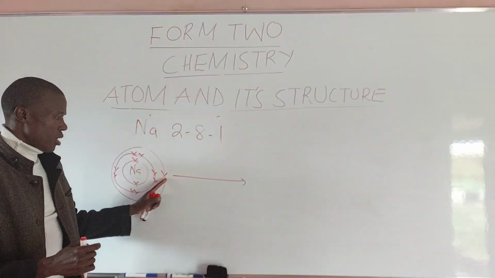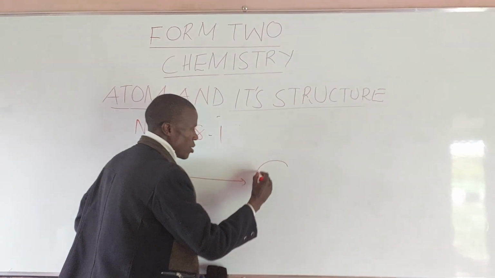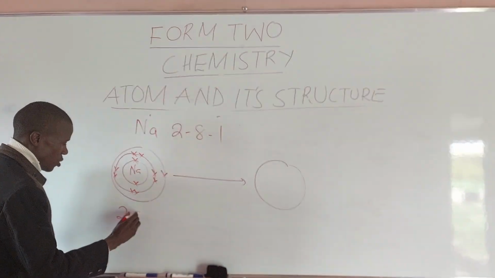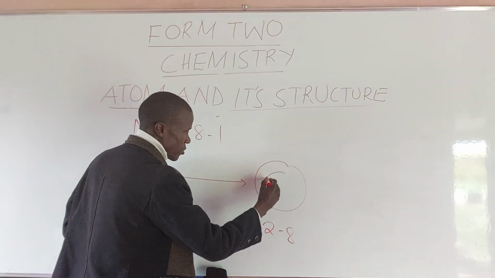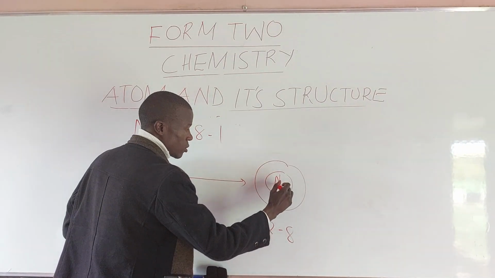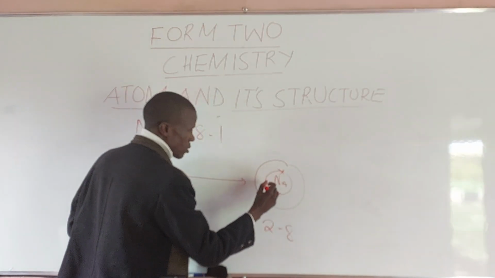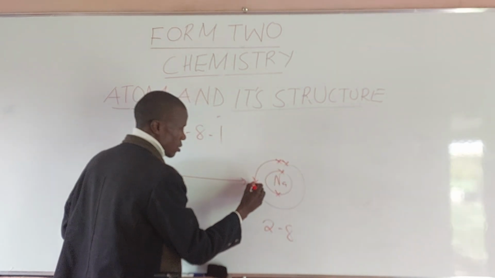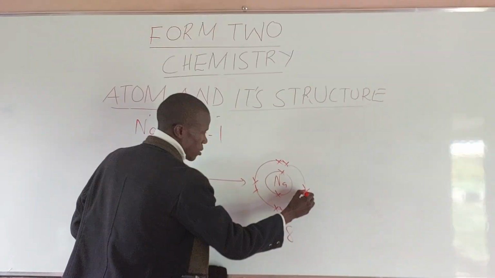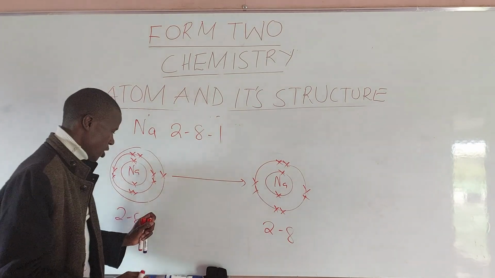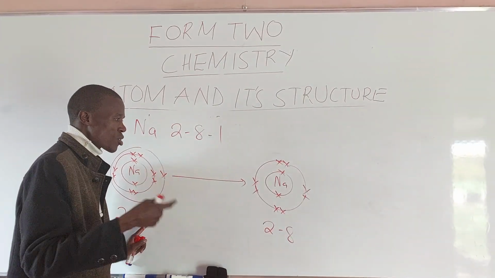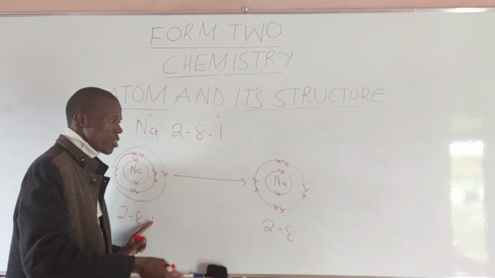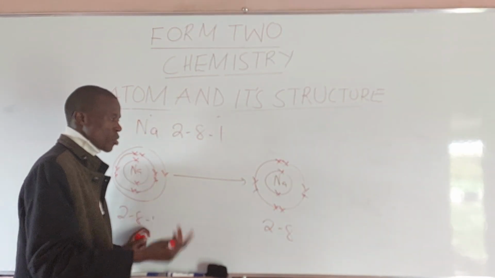When this electron is lost, we are going to remain with 2:8. Because one electron has been lost, the number of protons becomes more than the number of remaining electrons by 1.